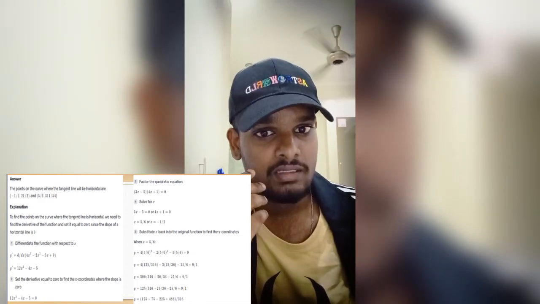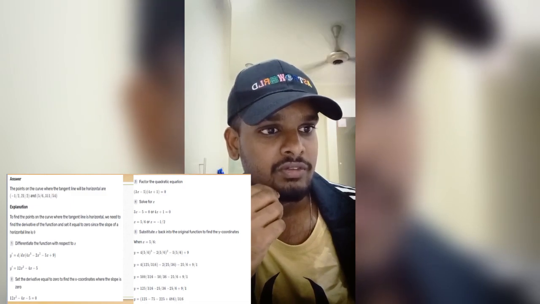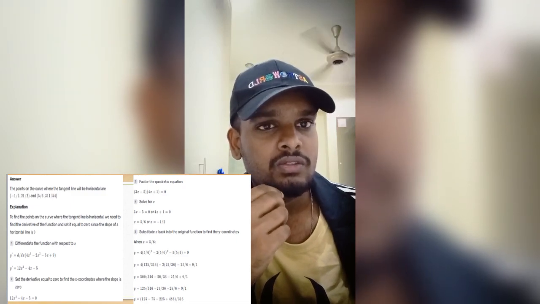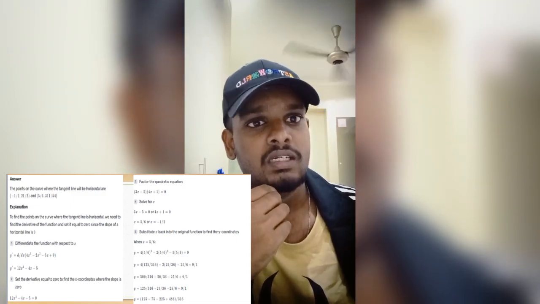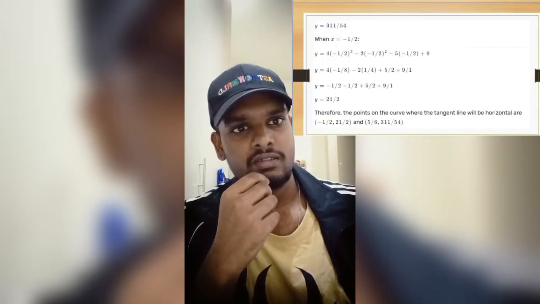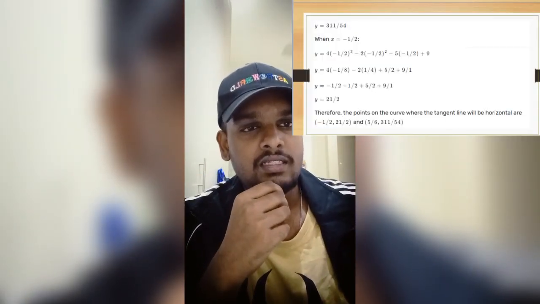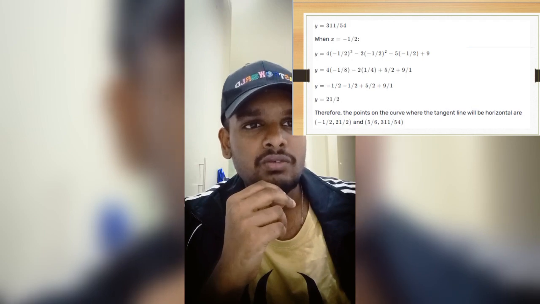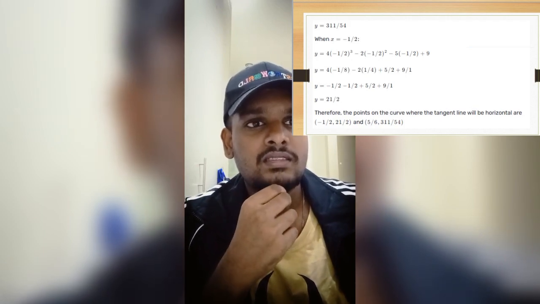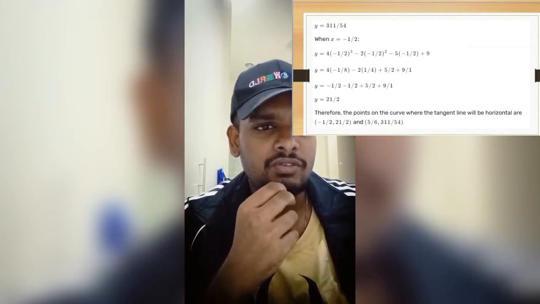Once we get our x, which is 5/6, we do our normal calculation. You can see in the next slide that where x is -1/2, y is 21/2, and where x is 5/6, y is -311/54.